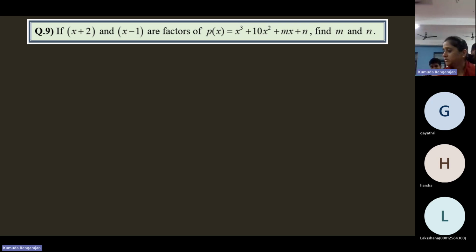Because he's already finished it, we can't. He'll again have to wait. This was a homework question, is it? No, the eighth one, was it done in the last class? No, this one.